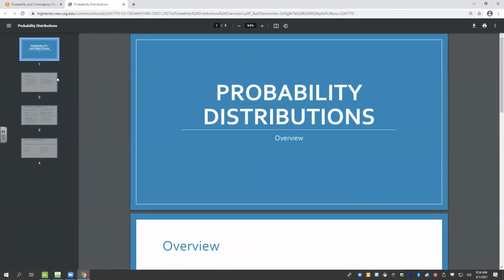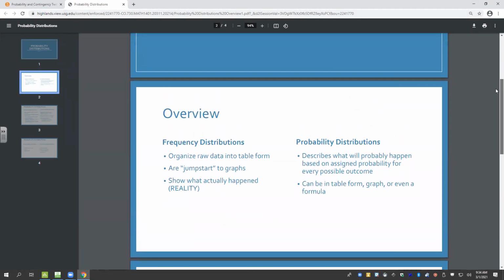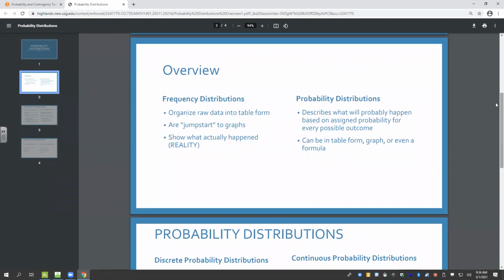We've been talking, most recently, about frequency distributions. At the end of Module 1, we talked about categorical frequency distributions, which allowed us to organize the qualitative data into a table format. Remember, frequency distribution is the fancy language in statistics for a table.